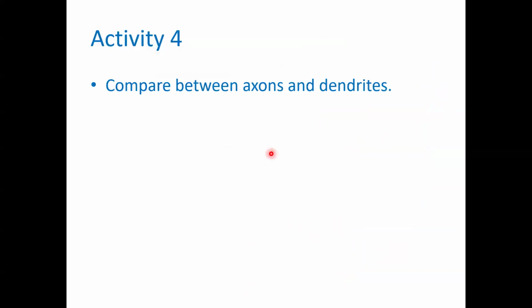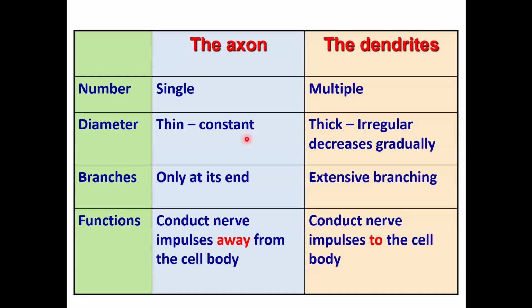Compare between the axon and dendrites. This is the fourth activity. Here you will find the axon and dendrites. The axon is single, thin, of constant diameter, only one, and its function is to transmit impulses away from the cell body towards the axon terminals and then to the next neuron.